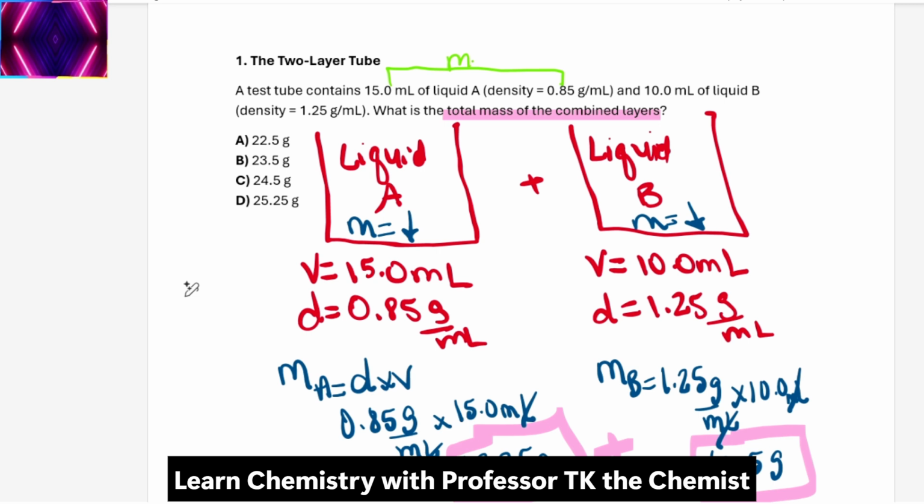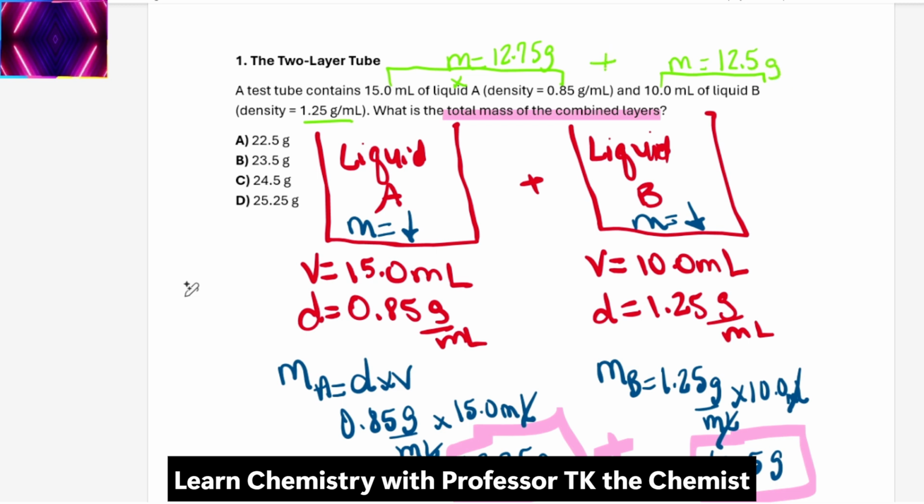That's how you're going to get your mass, by multiplying those two together. And when we multiply those two, we end up with 12.75 grams. Then liquid B, you're going to take 10.0 milliliters and multiply it times the 1.25 grams per milliliter. And that's going to give you your mass of B, which gave us 12.5 grams.